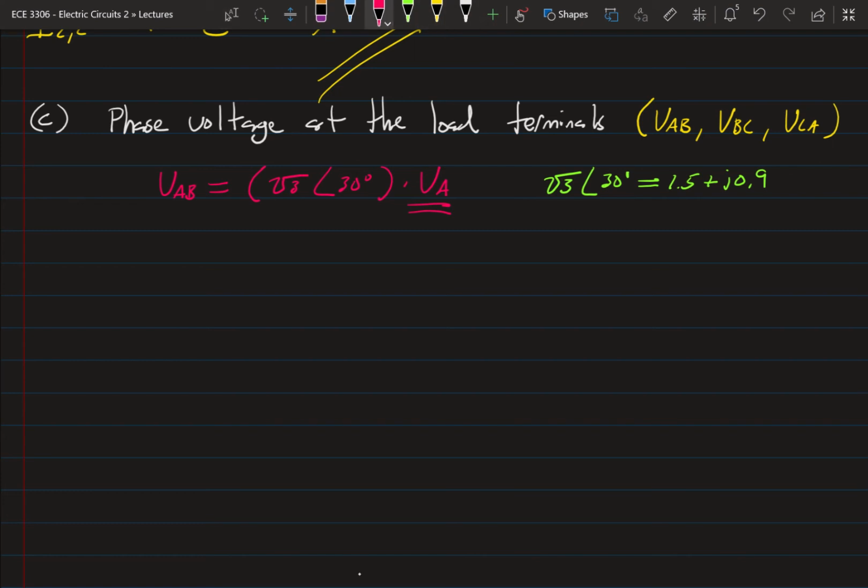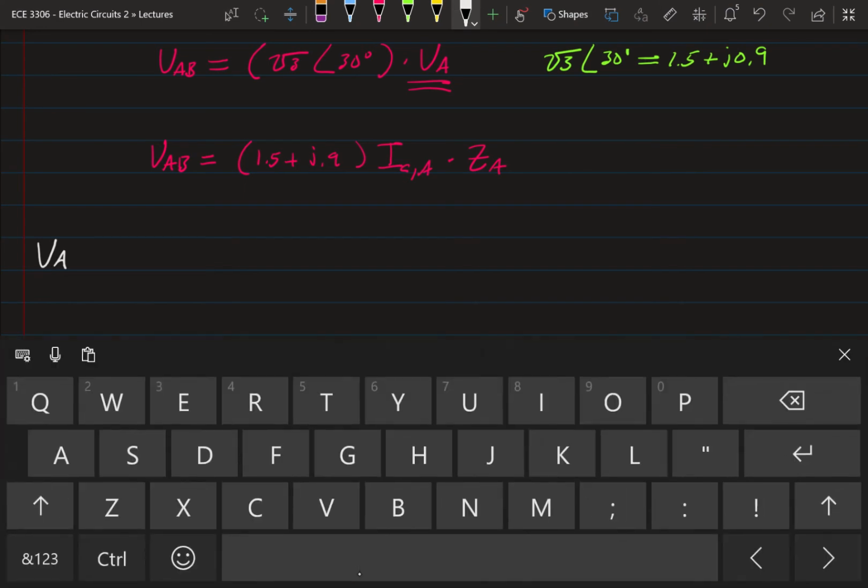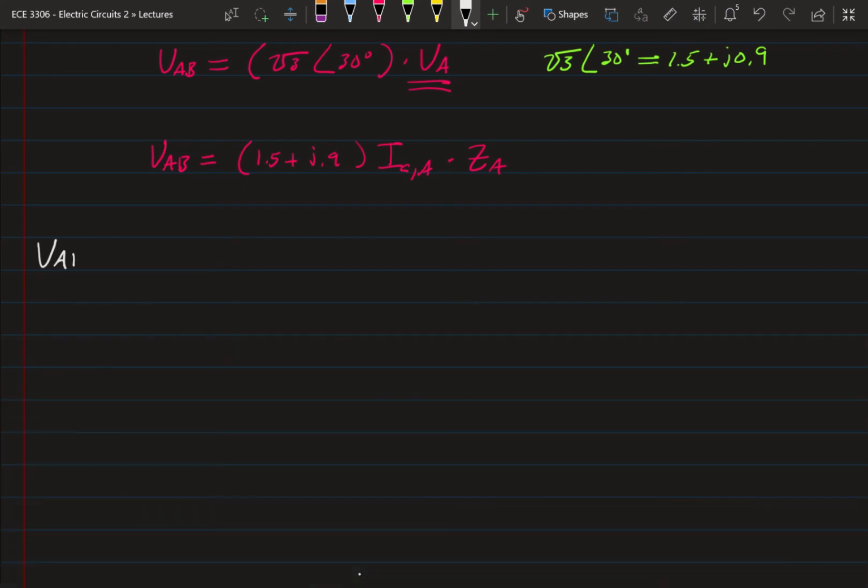So, let's see. VAB, we can write our whole expression for VAB. That's going to be 1.5 plus j0.9 times IaA times capital Z_A. So now we're ready to write out our big monster expression. Don't need a keyboard for that.